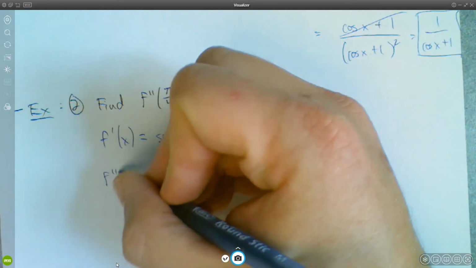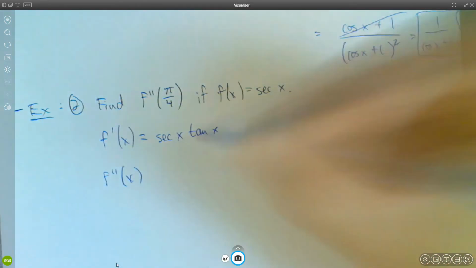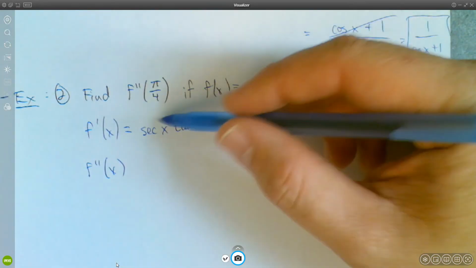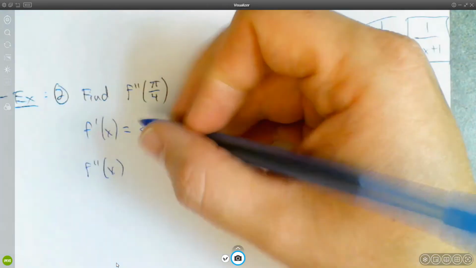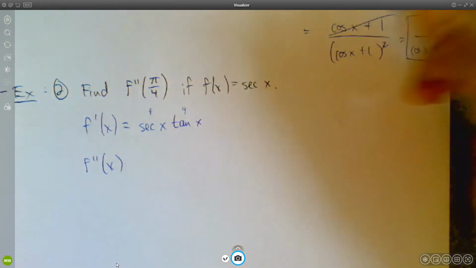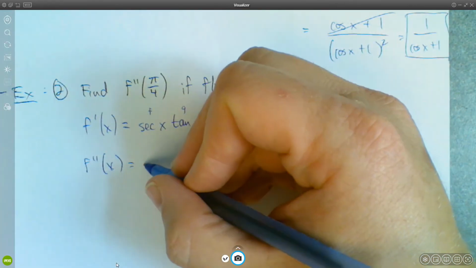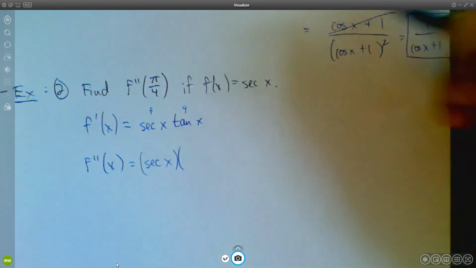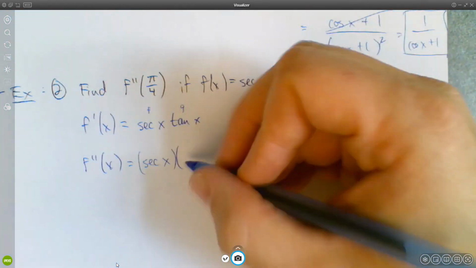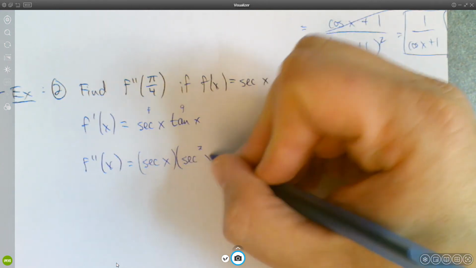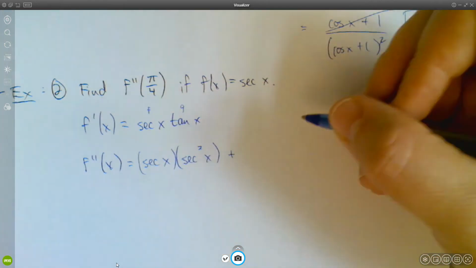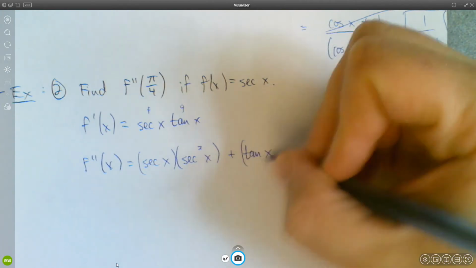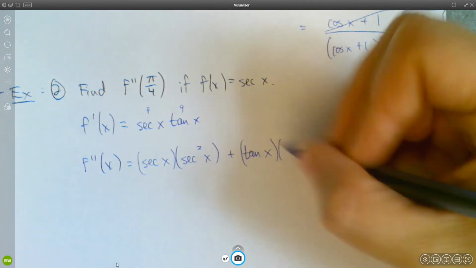Okay. So that's f prime. So now f double prime is the derivative of f prime. So we need to differentiate this thing now. So I'm going to think of this as f and g. I'm going to do f times g prime. So derivative of tangent is secant squared, plus g times f prime.